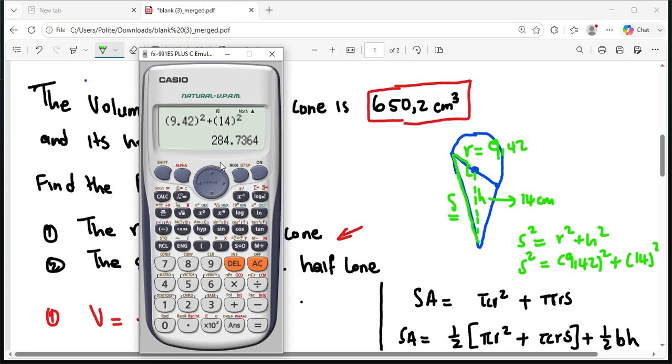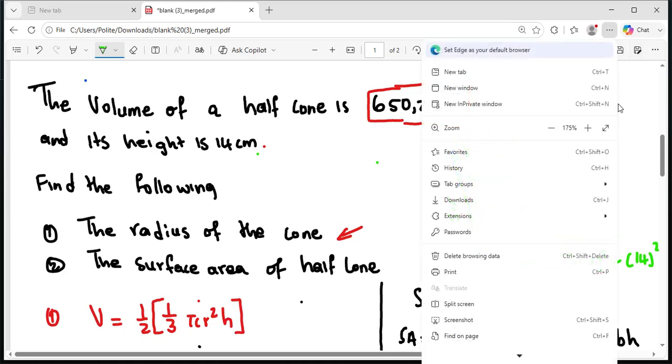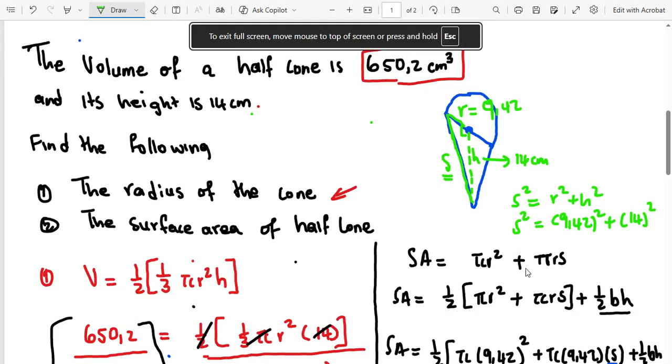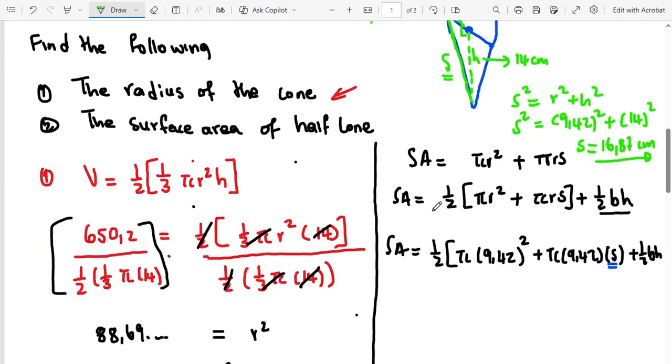This is equal to 284. I'm just going to save time and take the square root of the answer, because we know that we're going to square root both sides. So this is 16.87. So s is just 16.87 centimeters. That's my l, so yes, not my s.